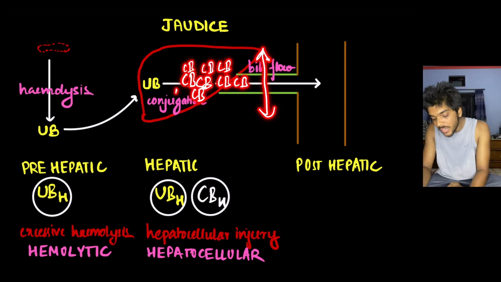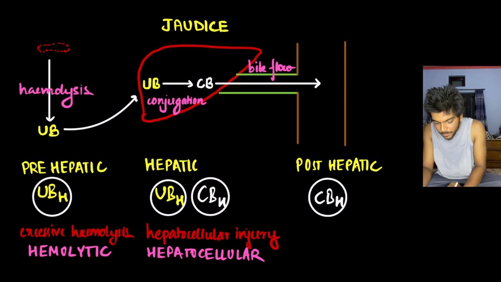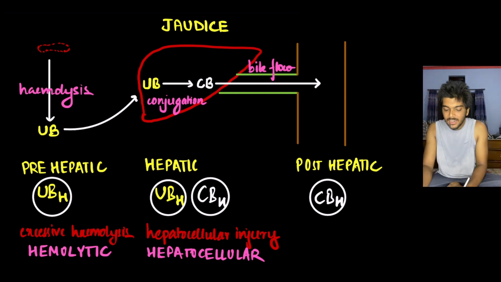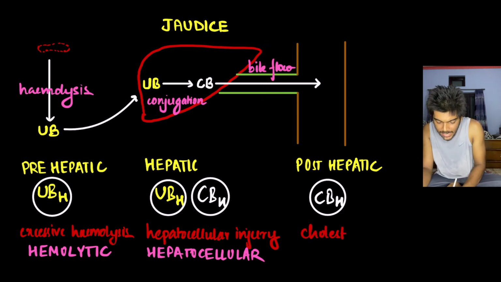So all this conjugated bilirubin will be expelled back into the circulation, resulting in conjugated hyperbilirubinemia. The reason behind it is obstruction of the bile flow, also referred to as cholestasis. That's why we call it obstructive jaundice as well.